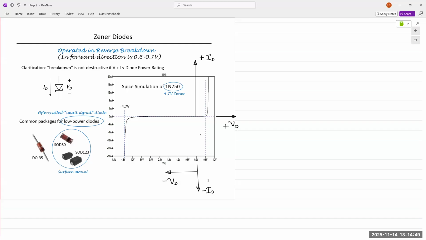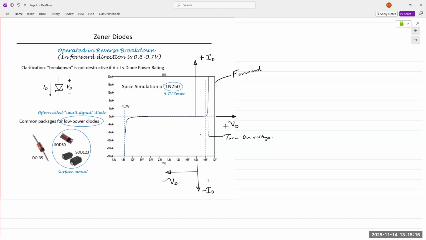Zener diode is the exact opposite. So here shows you the forward characteristics, forward bias, after it crosses the diode turn on voltage, which is 0.6 to 0.7 volts.